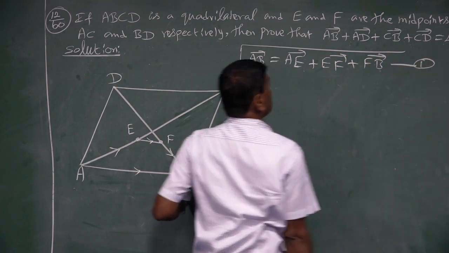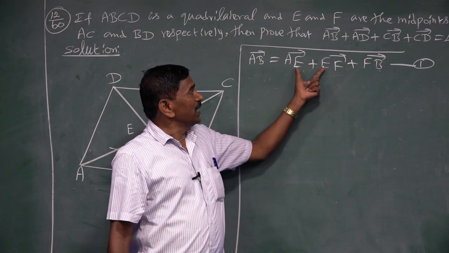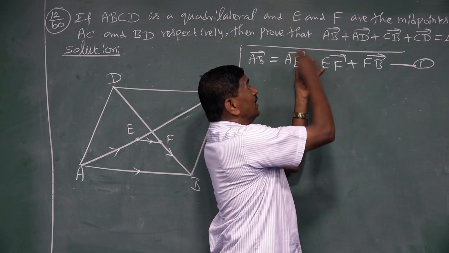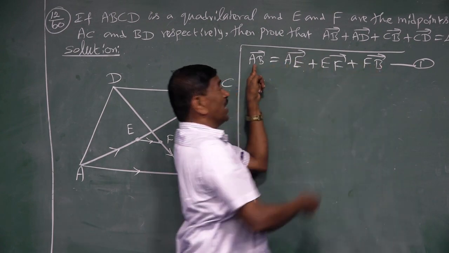Let it be the first equation. Children listen, here the middle E and E cancel, the middle F and F cancel. Consider first and last. Yes, first and last give AB vector. Yes, your answer is correct.